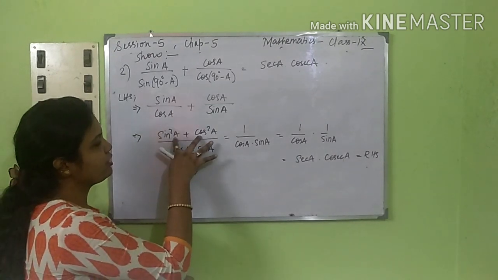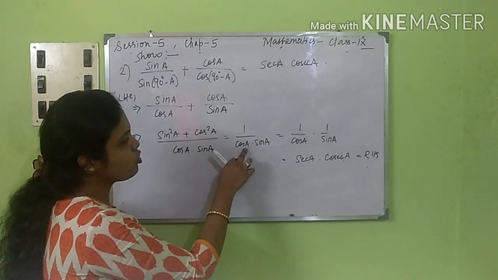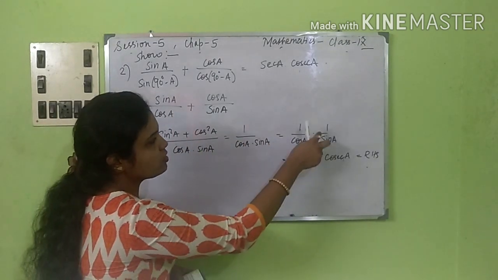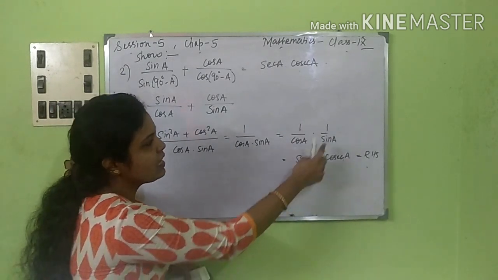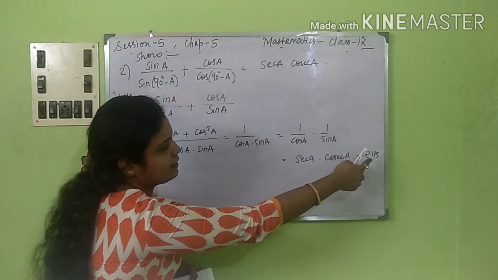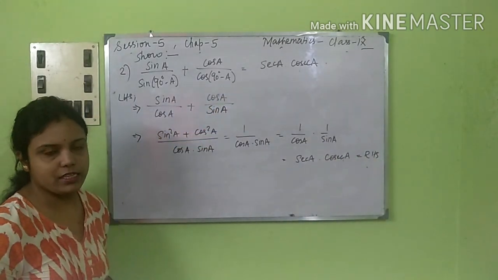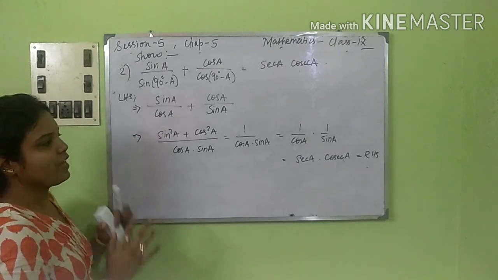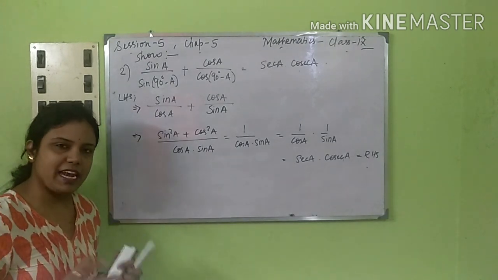The numerator is equal to 1, so we get 1 by cos A into sin A. So 1 by cos A into 1 by sin A, where 1 by cos A means sec A and 1 by sin A means cosec A. That is equal to the RHS, which was given on the right hand side. So this is how we have proved the equation that was given to us. Okay, next.